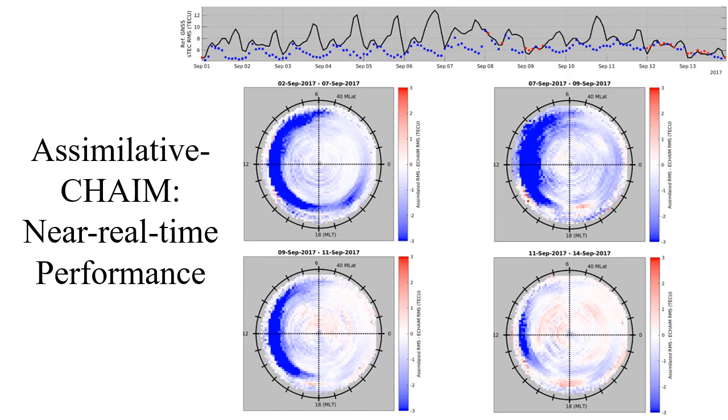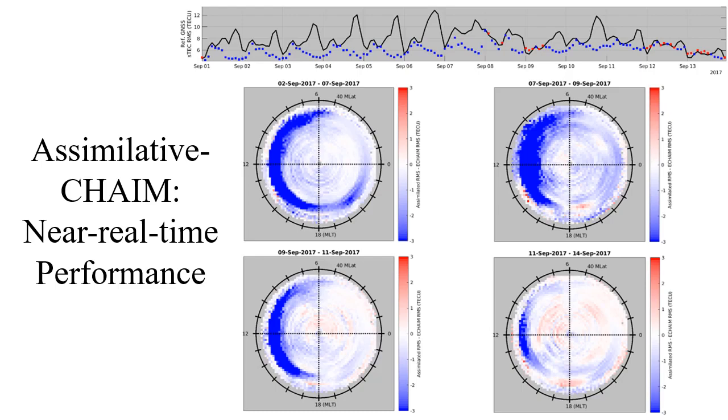And so the top plot here is a time series of the overall RMS errors in slant electron content from the background model, Eshame, in black, and the assimilation system in blue or red. You can see in general the assimilation system is beating the background, which is what we hope, at all of the locations where we're not assimilating data.